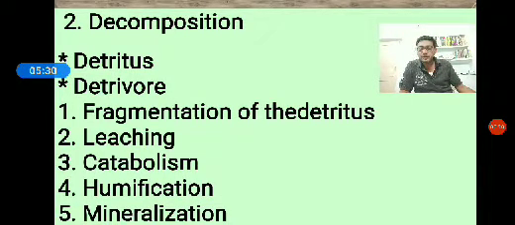Coming to the earthworm, it belongs to the phylum Annelida, segmented animals. Earthworms break down complex organic matter into simple molecules.